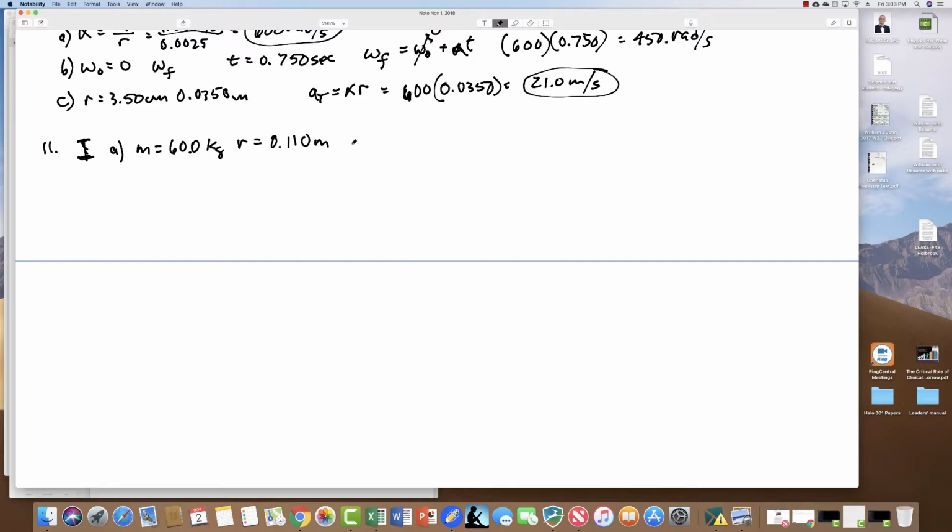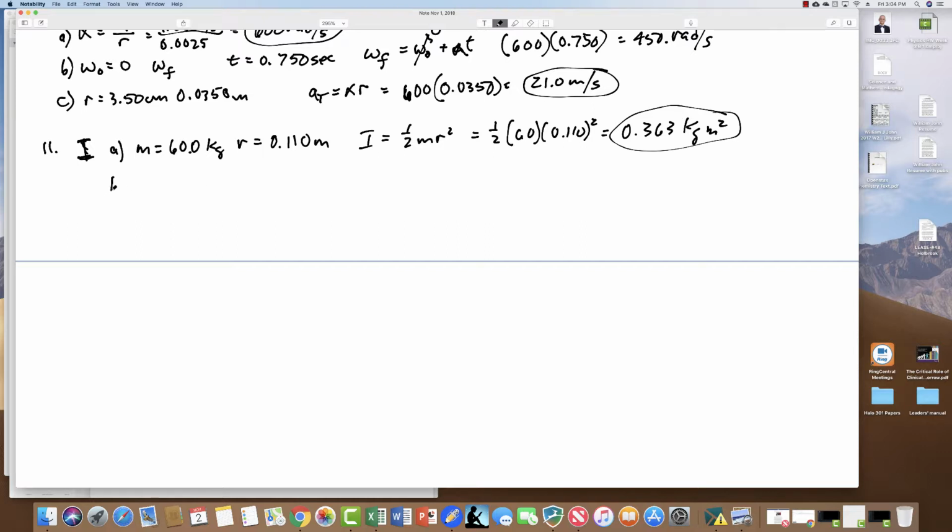And so the first question is, what is the inertial moment, or moment of inertia? For this, if you look on the table with a cylinder, the inertial moment's 1/2 mass times the radius squared. So it's going to be 1/2 times 60 times 0.110 squared. And if you do the math here, you get 0.363 kilogram meter squared.